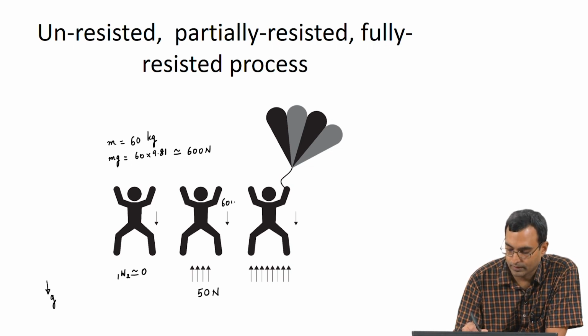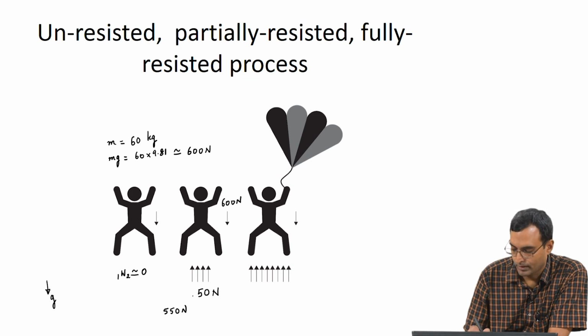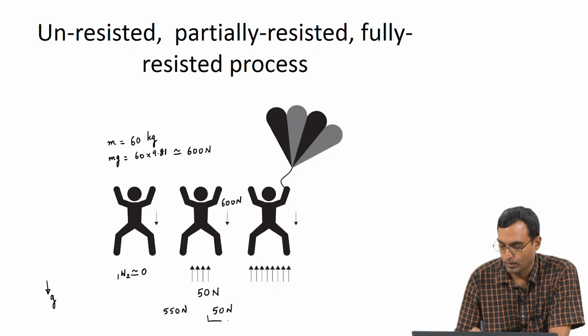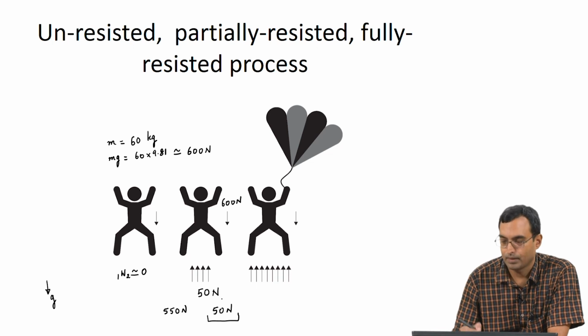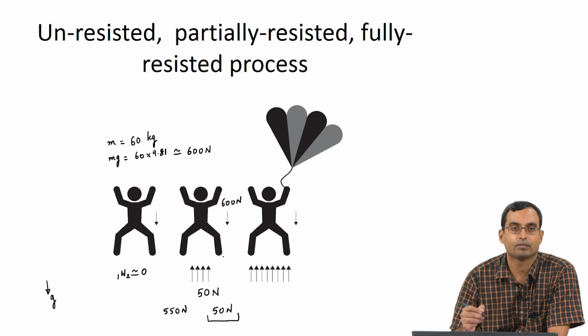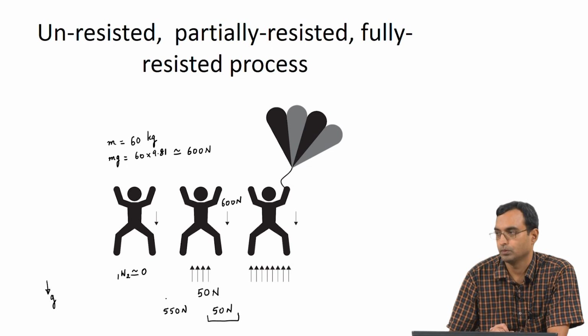So, if this was 600, then the imbalanced force is about 550 newtons and the balanced force is only about 50 newtons. So, if this person fell by say 10 meters, then any work would be only because of this force of 50 newtons. 50 into 10 meters would be 500 joules. So, this part is unresisted force and does not do any work.